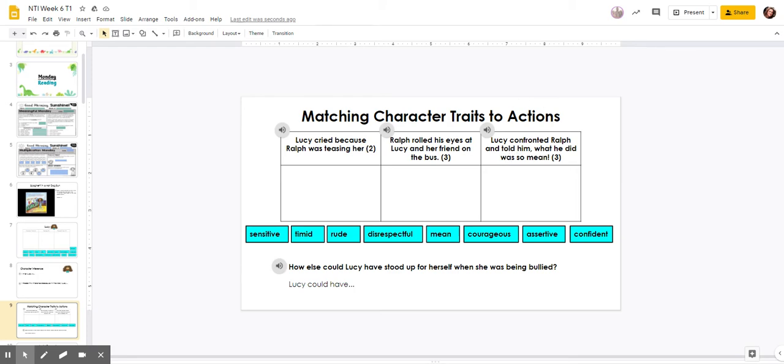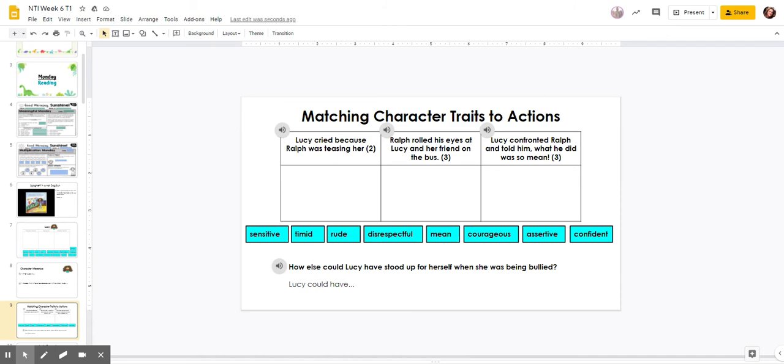And then the last one, Lucy confronted Ralph and told him what he did was so mean. So the word confronted means she went up to Ralph and told him what he did was wrong. And there are 3 words below that are character traits for that action, her confronting Ralph.